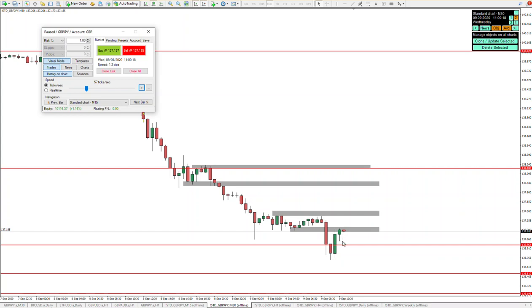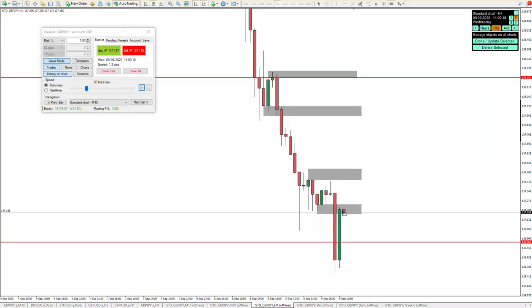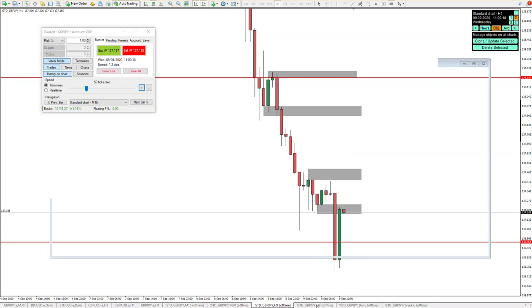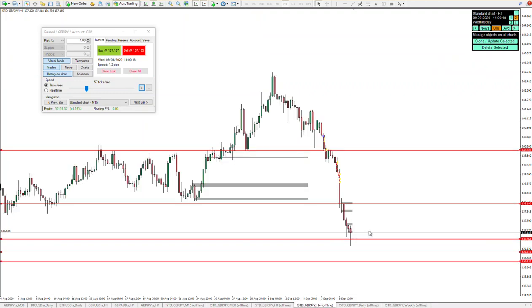Probably price will reject this zone. H1 closed quite bullish, strong bullish. Also was not able to pass this previous support. H4 has still 1 hour to go with a lower high, lower low and still bearish color.